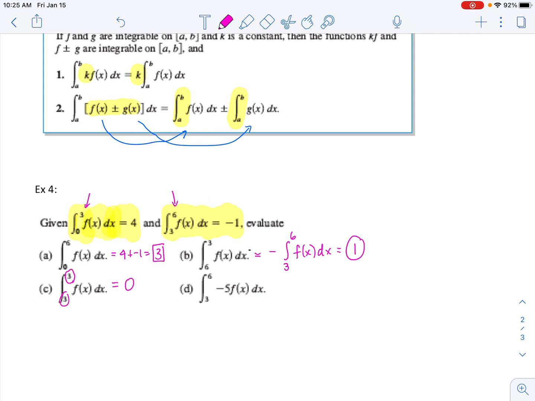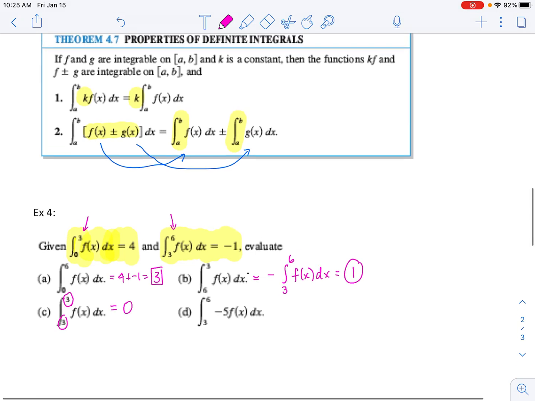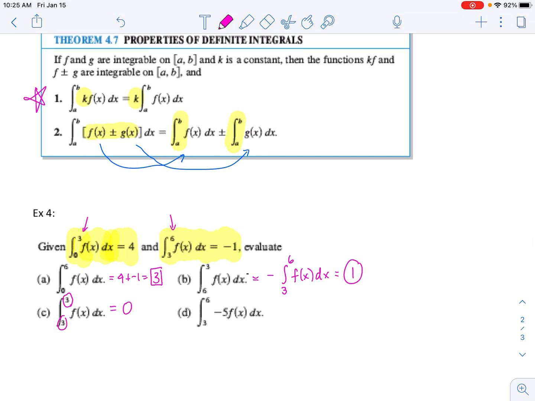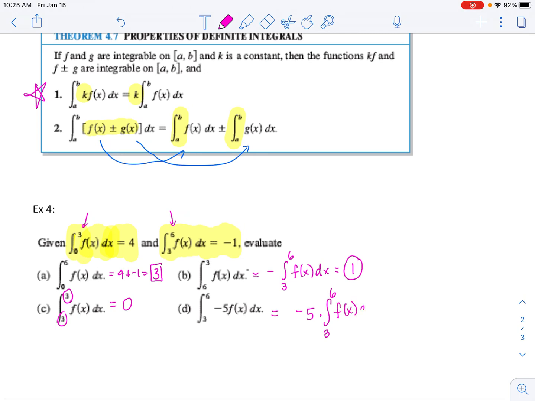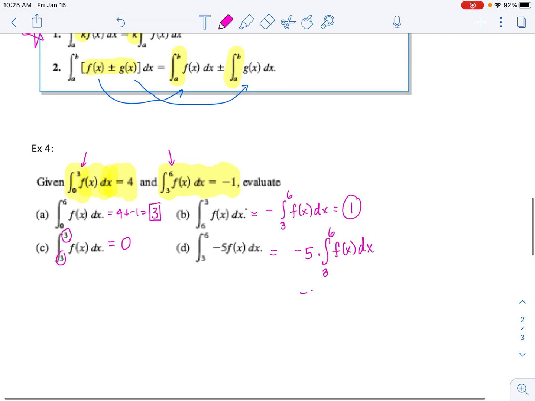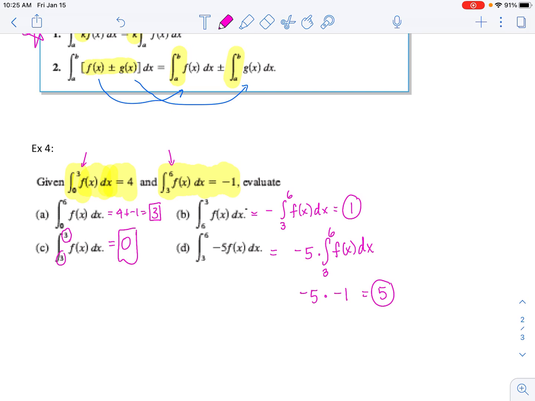And then part D, if we integrate from 3 to 6, we're going to do some multiplying. So this is applying, I'm going to put a star up here, number 1. So we can actually calculate this by putting -5 out front and just multiplying that by whatever the normal integral from 3 to 6 is of f of x dx, right? So that would be -5 times the given information, which is -1. So the answer to part D is 5. So pretty straightforward thinking there, I think, for this group.